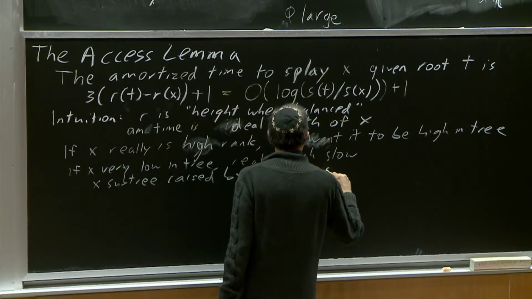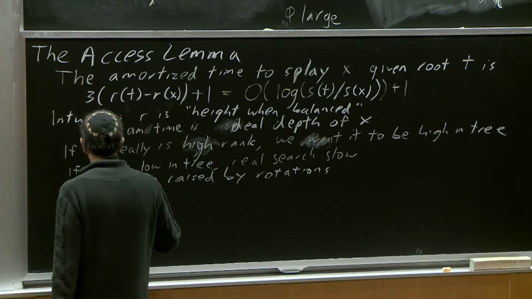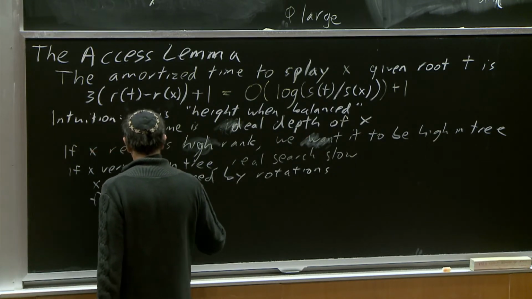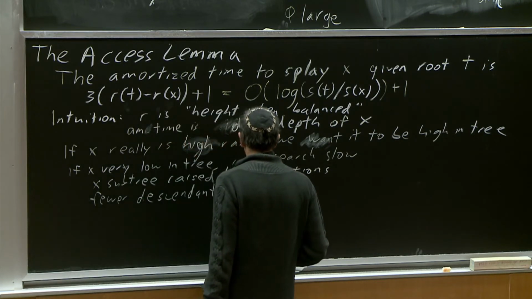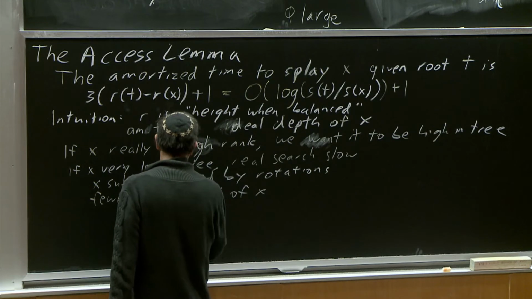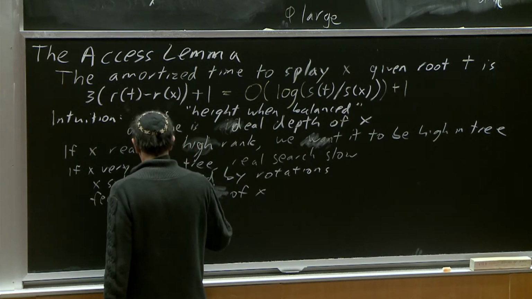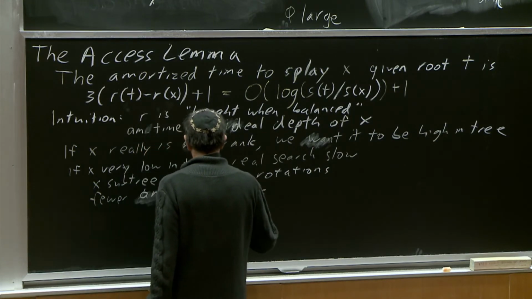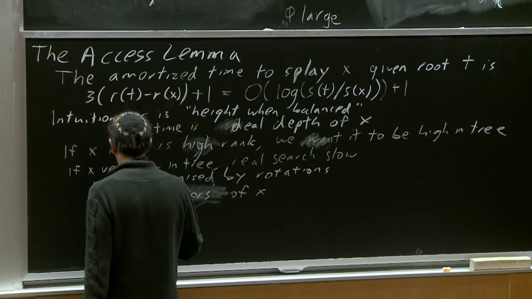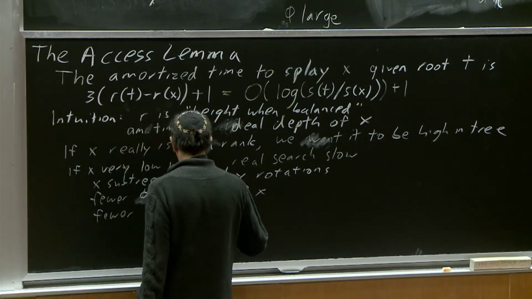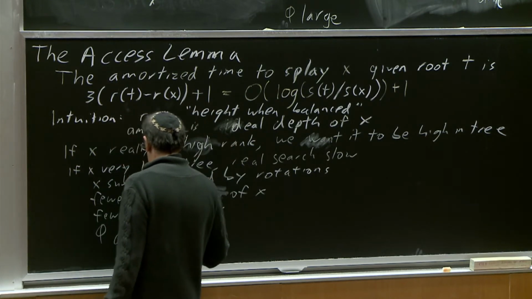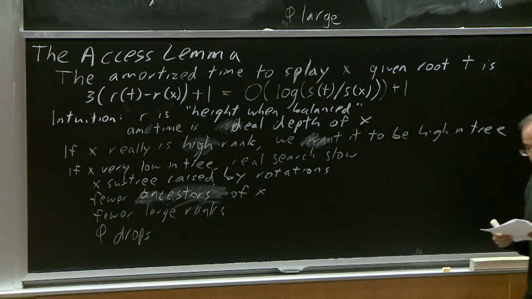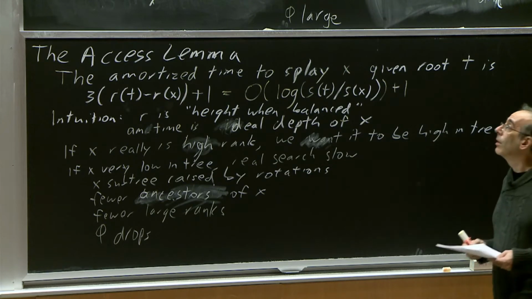And that means there are fewer ancestors of x, my bad, which means that there are fewer large ranks, which means that phi drops. And that decrease in potential pays for the large real search time. Okay?